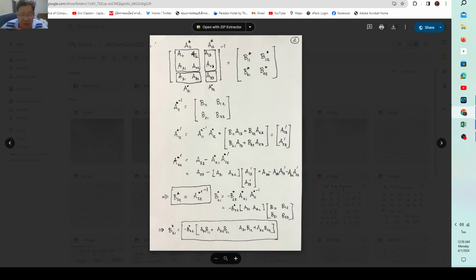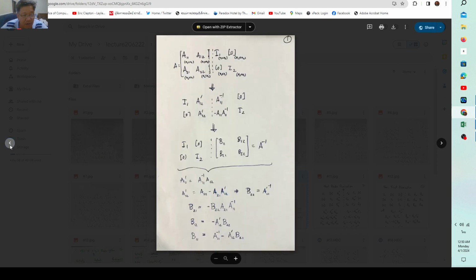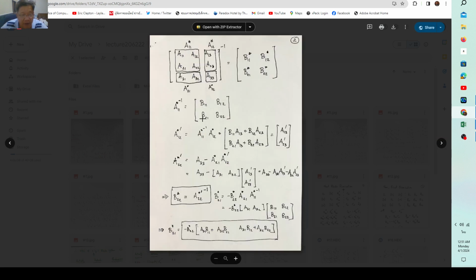So for this 2 by 2 system, to find the inverse, I can apply B11, B12, B21, B22 exactly the same as what we computed here. We can find A11 star inverse. Okay? But with this one, you have 2 by 2. With this, let's change the notation to become A11 star, A12 star, A21 star, and A22 star.